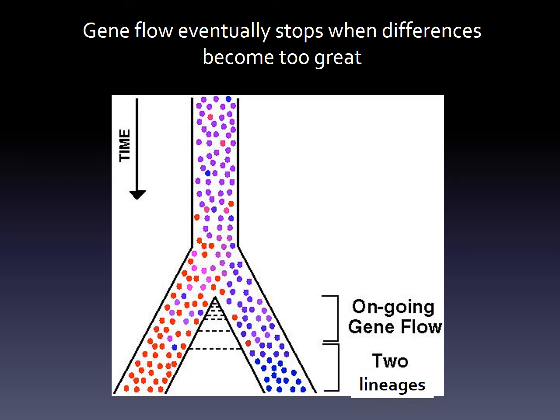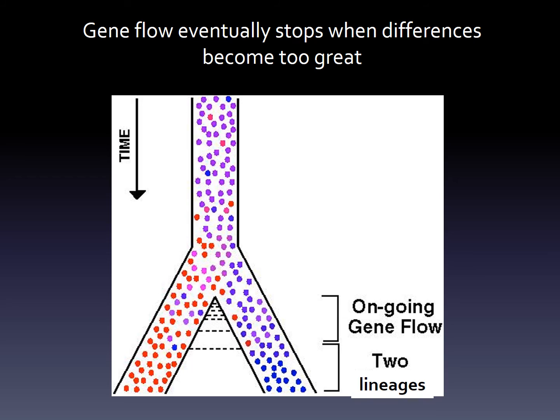And if individuals that are similar to each other choose one another for mates, over time, even though they're in overlapping geographical space, so they have access to all of these other potential mating partners, they become more and more distinct if they're more likely to mate with individuals similar to themselves.